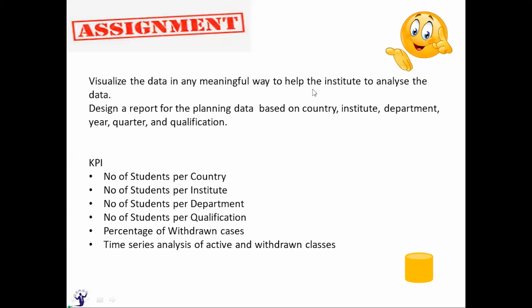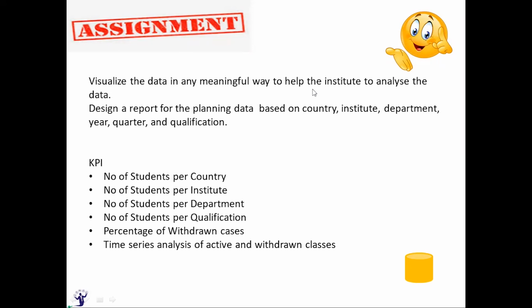So KPI stands for key performance indicator. Number of students per country, how many students are there in each country, that is what we wanted to find out. The number of students per institute, per department, per qualification, and percentage of withdrawn cases.